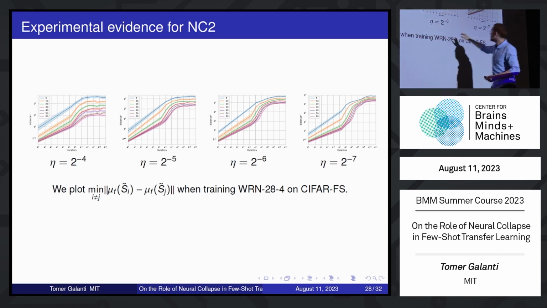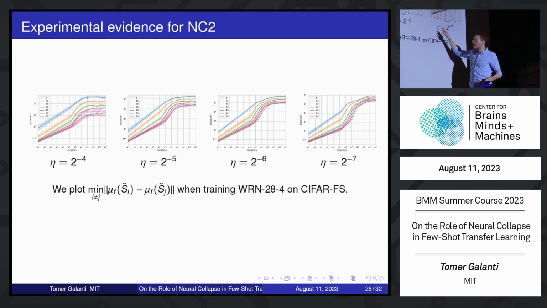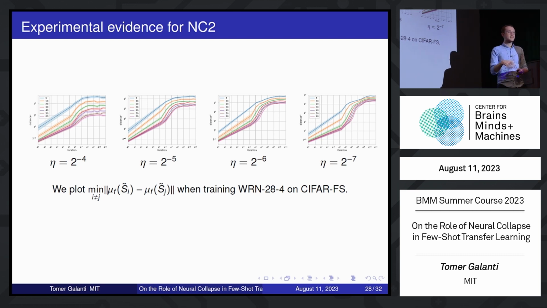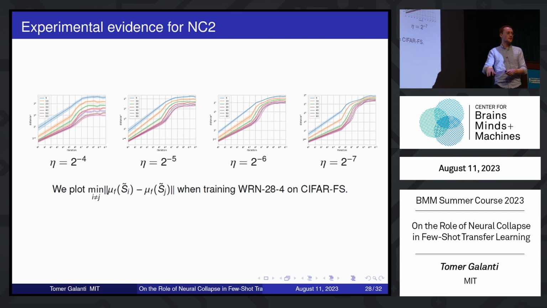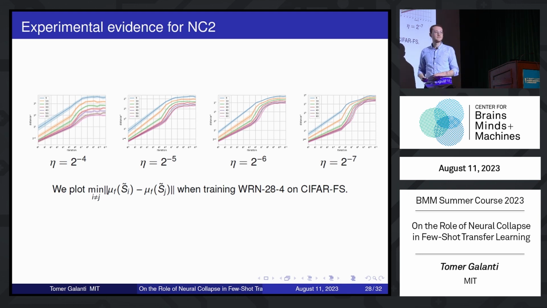And it also improves as we take the learning rate to be lower, which makes sense a little bit because it's kind of like overfitting to the collapse of the specific source task. It's not necessarily a good thing, but it happens.